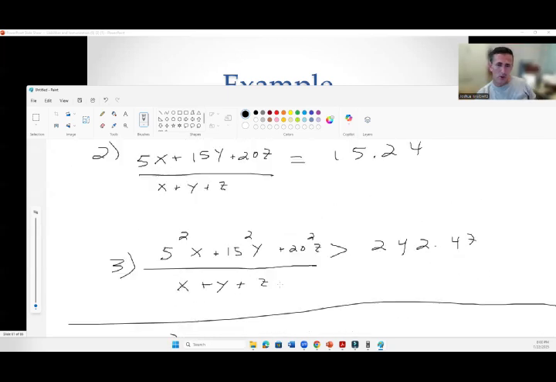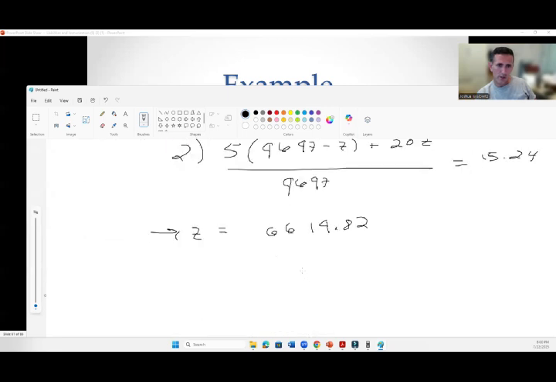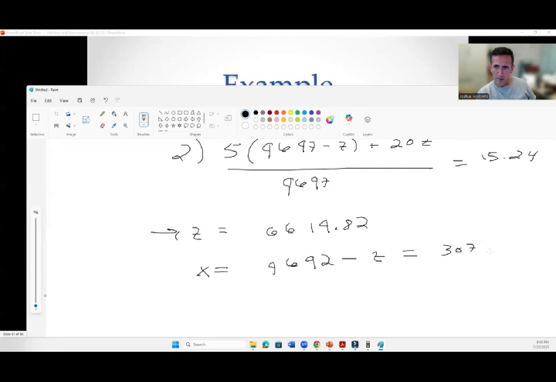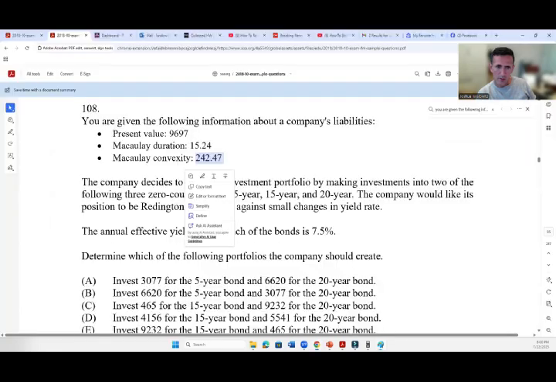All right, so now we have z equals this, and x is 9697 minus z, and what is that? 30728. All right, so do we have this anywhere?